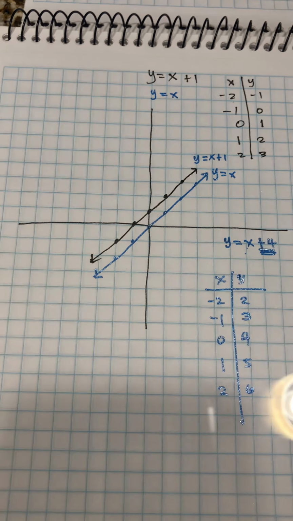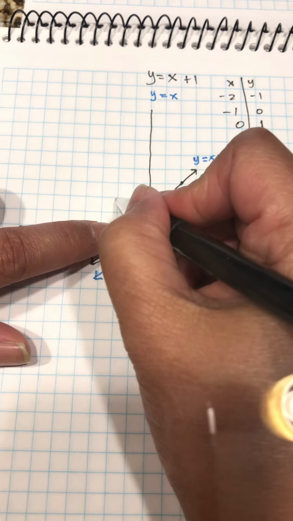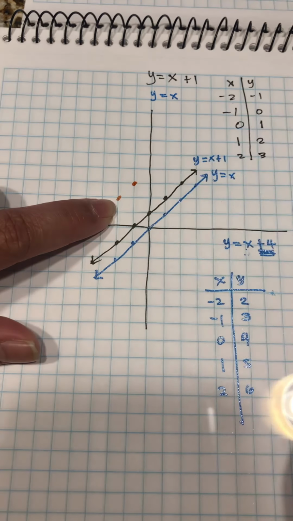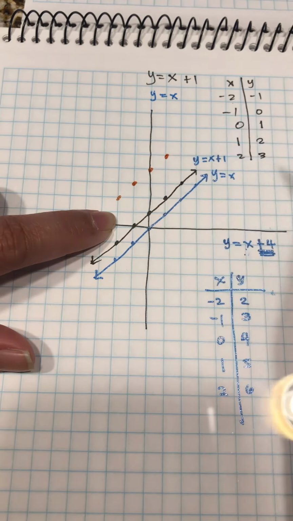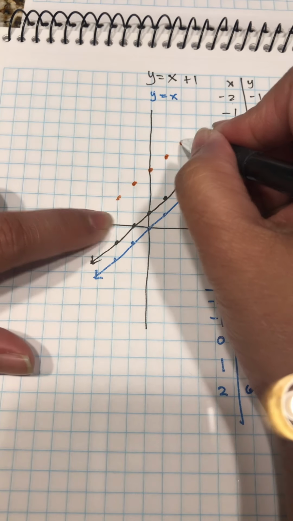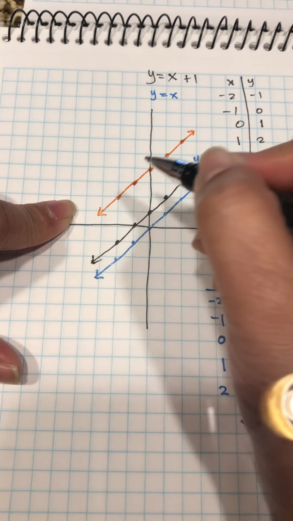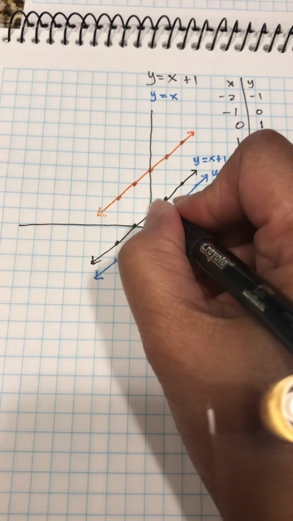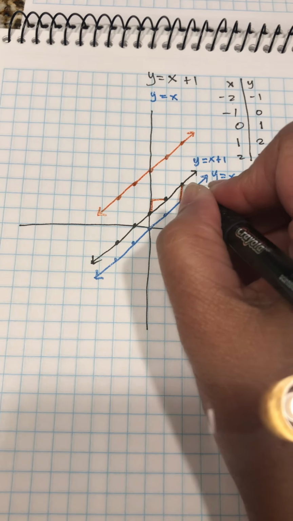Okay, now let's plot our points. -2, 2. -1, 3. 0, 4. 1, 5. 2, 6. What did you notice with our lines? They're all going up by 1, across 1.